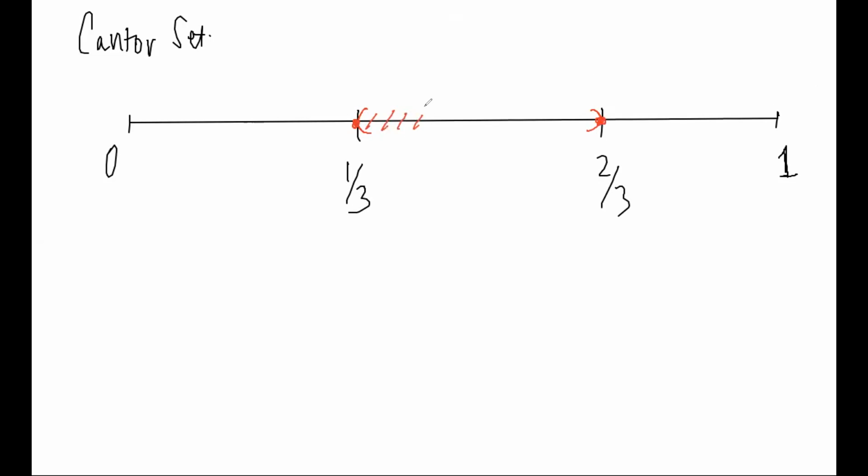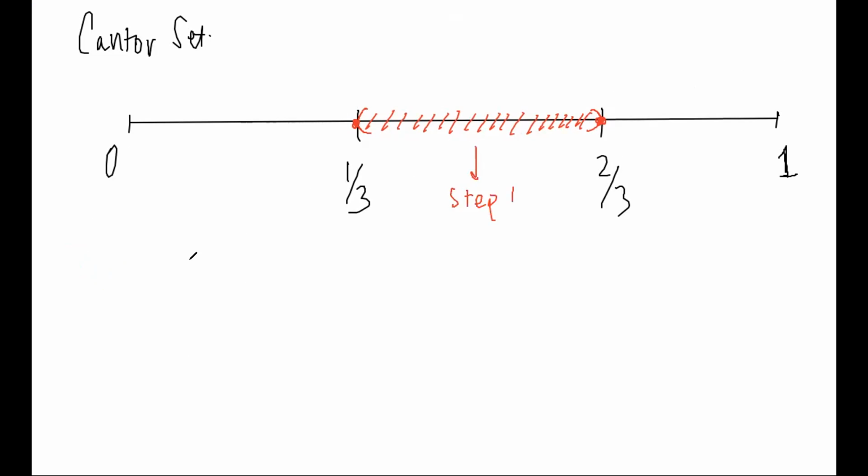So step 1, you remove this part, right? Step 1. So then you are left with 0 to 1/3 and 2/3 to 1, right?